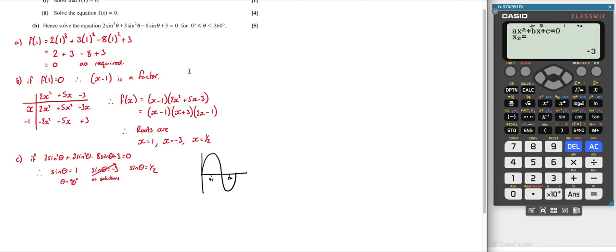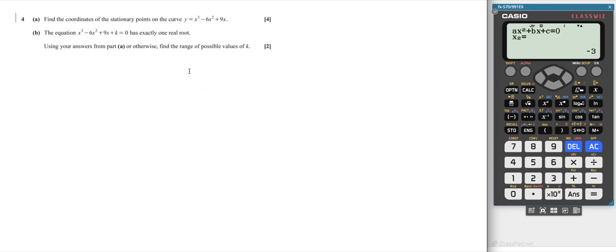If sine theta is a half, well, that means that theta is 30 degrees, and if we draw a line across at a half, we have our initial intersection 30 degrees away from where it first crosses the axis, and our next one is by symmetry the same distance away, but this time it's 30 degrees in front of the 180, so I get 150. I have those 3 solutions.